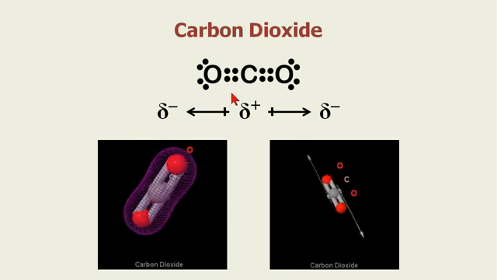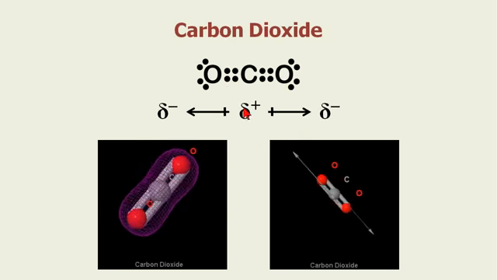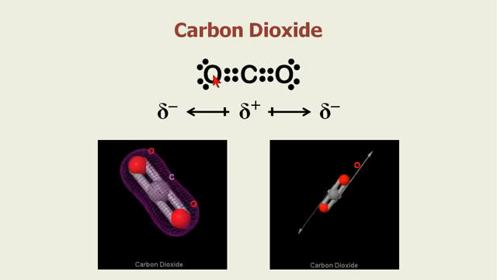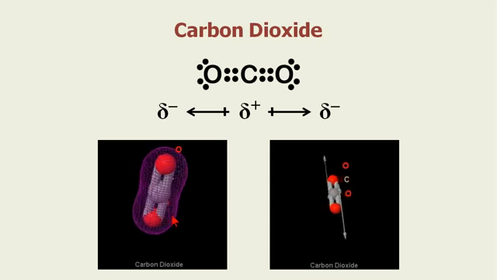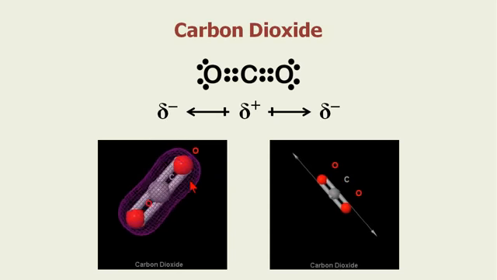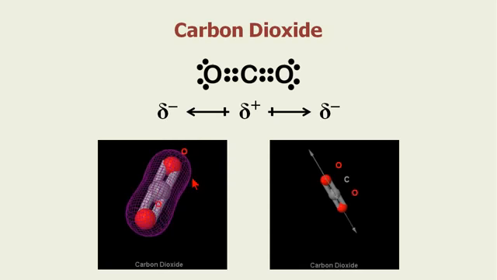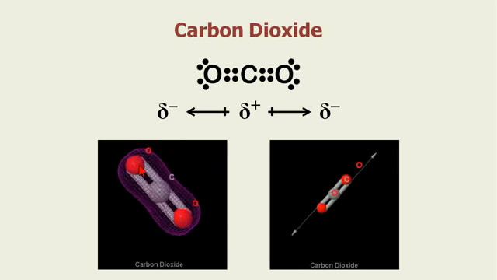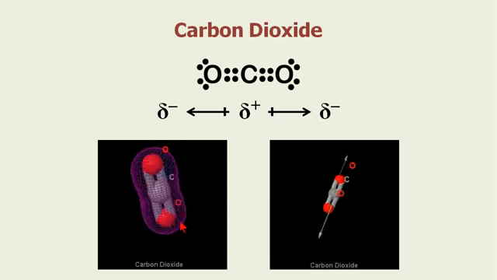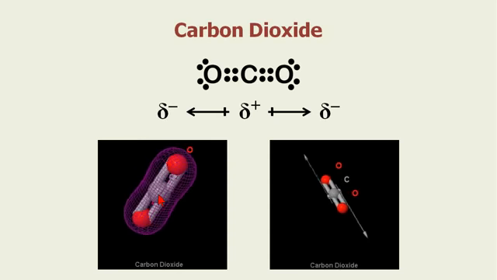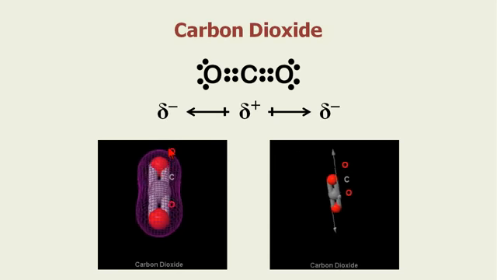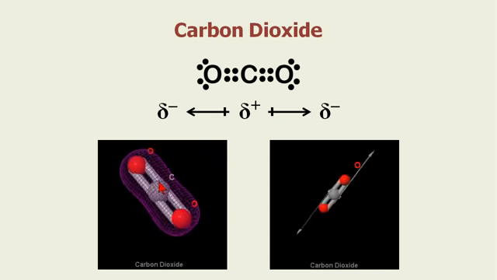You can look at it as a linear molecule with carbon in the middle and oxygen, which is more electronegative, on each end. When you look at this diagram on the left, the electrons spend more time on the oxygen side, on either end, than in the middle with the carbon, and you see it's a slight hourglass. And this is just one representation of what the electrons may look like.